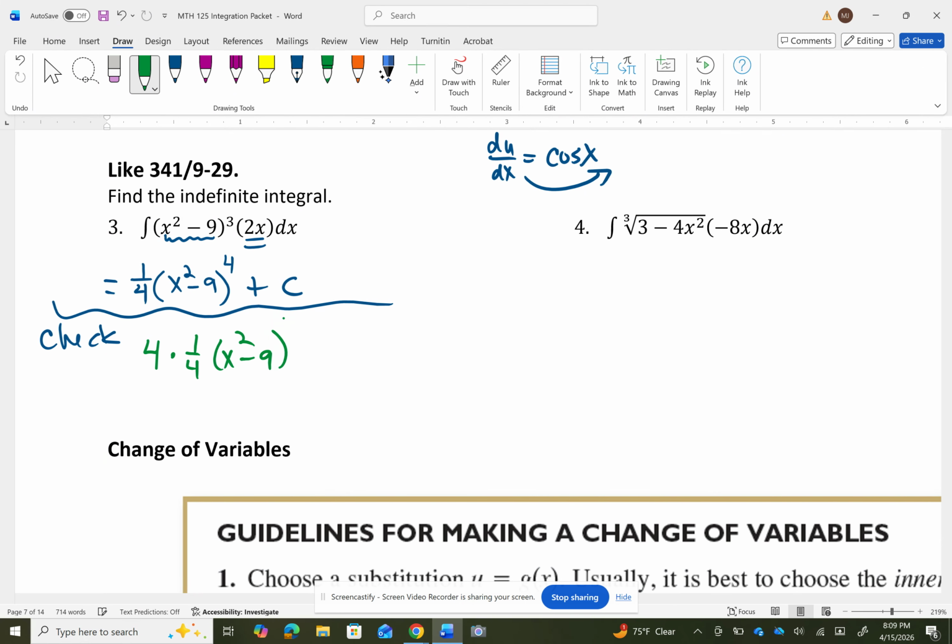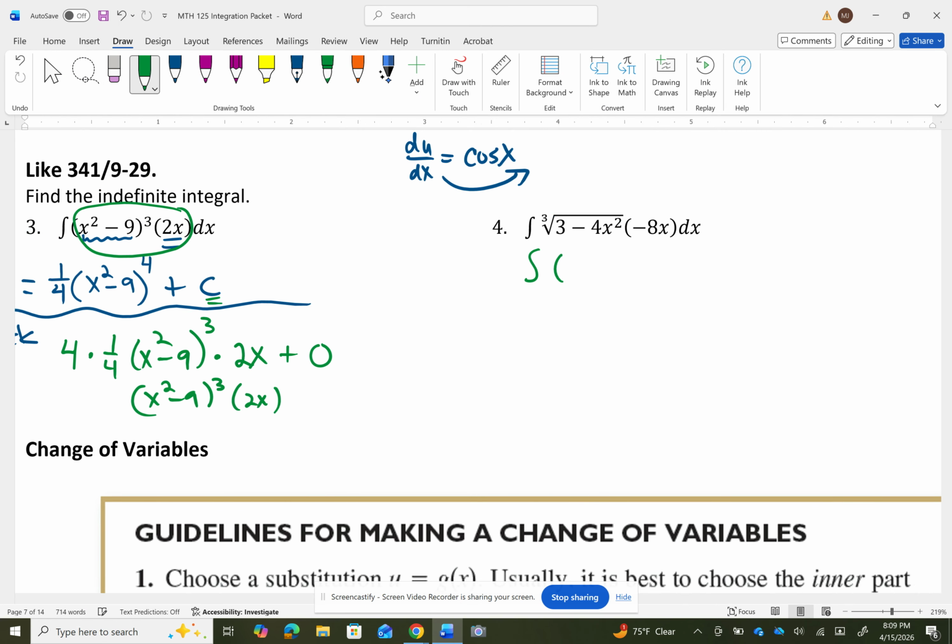Okay, got one more I want to do, and then I'll do a second video on this. So here I'm going to do a rewrite to see that 3 minus 4x squared as a power function, as something raised to the 1/3 power. Then I've got this negative 8x dx. Now that little dx, that's just telling me that I'm integrating with respect to x.